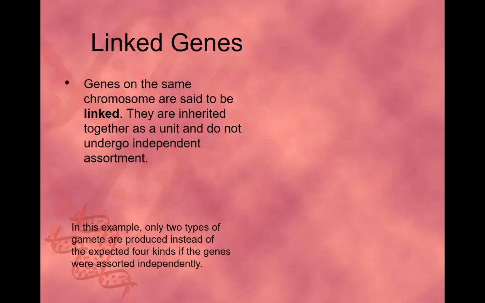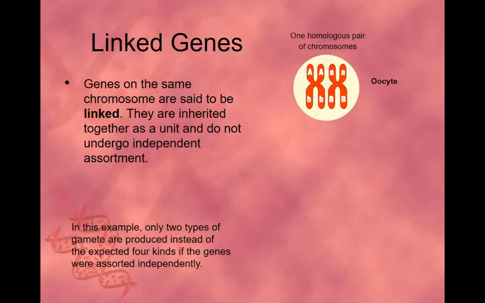So let's start out, however, with looking at linked genes. Linked genes are genes that are found on the same chromosome. They're inherited together as a unit and do not undergo independent assortment, which is one of the things that we talked a lot about with Gregor Mendel, that genes were inherited separately. While that's true for a lot of genes, if they're on the same chromosome, they're not inherited separately.